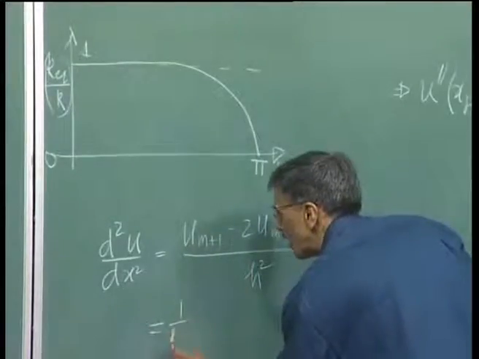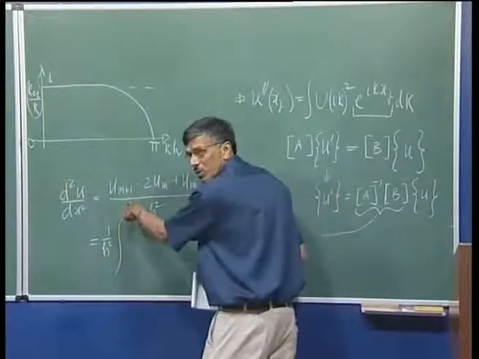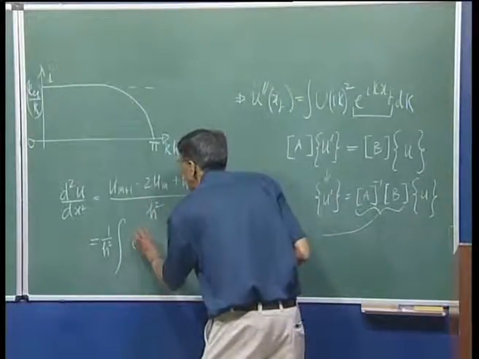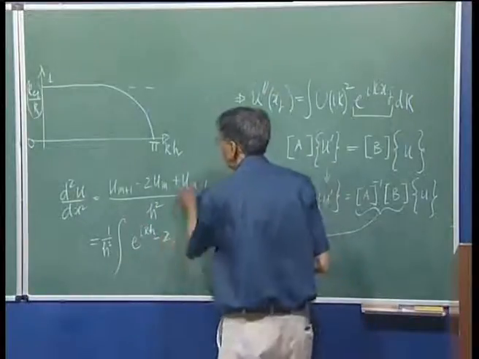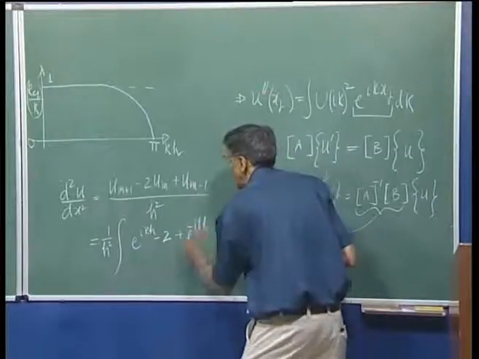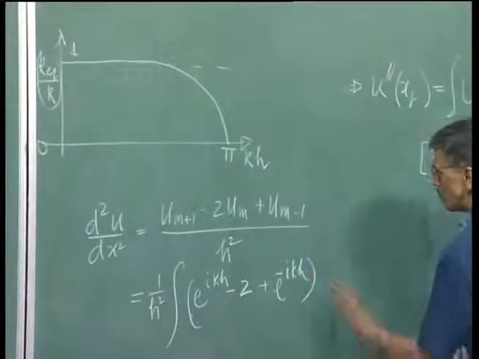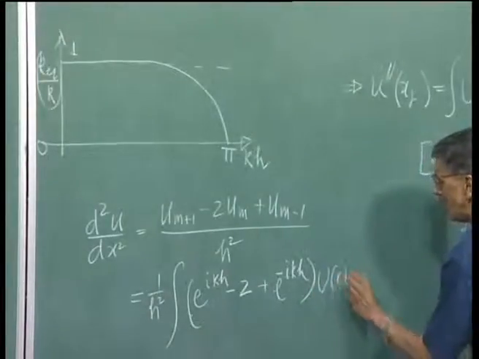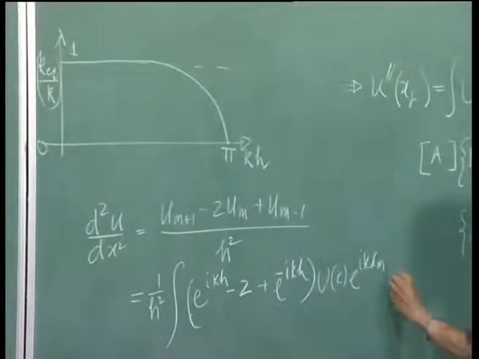I will get 1 over h square integral. Here I will get e to the power i k h shifted, so I get e to the power i k h. Here I will get minus 2. Here I will get e to the power minus i k h. And this is multiplied by u of m. U of m is nothing but u of k e to the power i k x m dk.